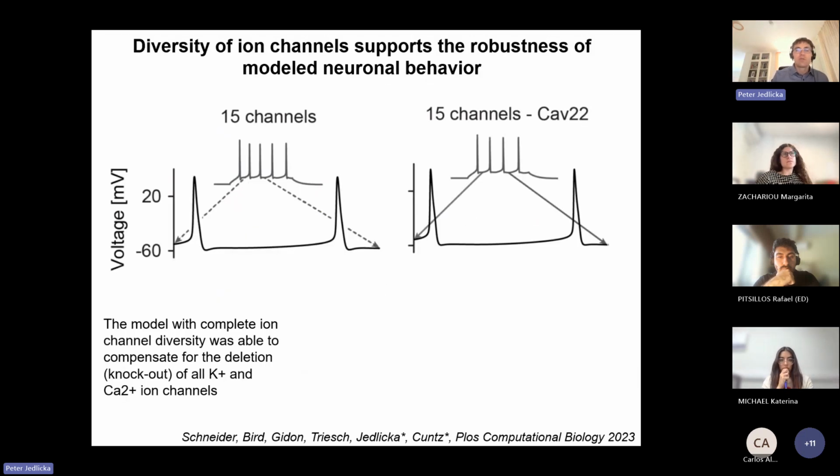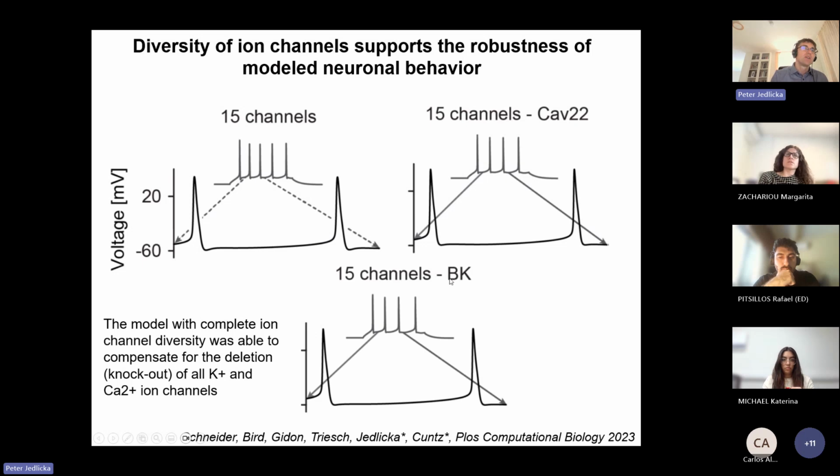If you remove ion channels from this 15-channel version, so this is minus CaV2.2, so you remove a calcium channel, or you remove a BK, a big conductance potassium channel, you can still get very similar somatic firing. And this is not the case for the 9 or 5-channel model, so they are more fragile.